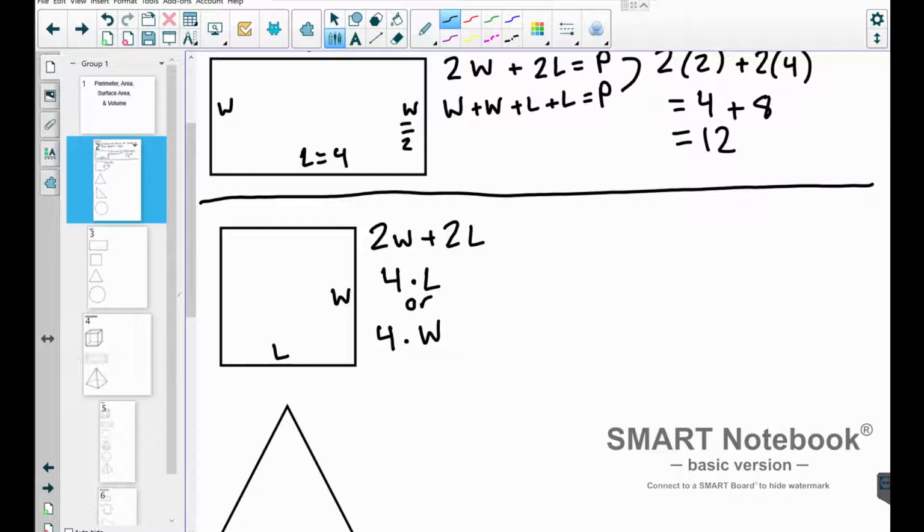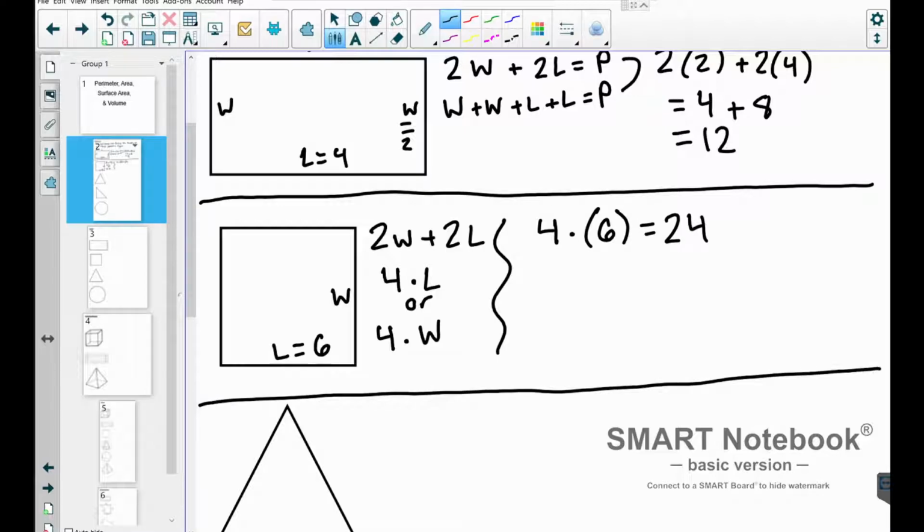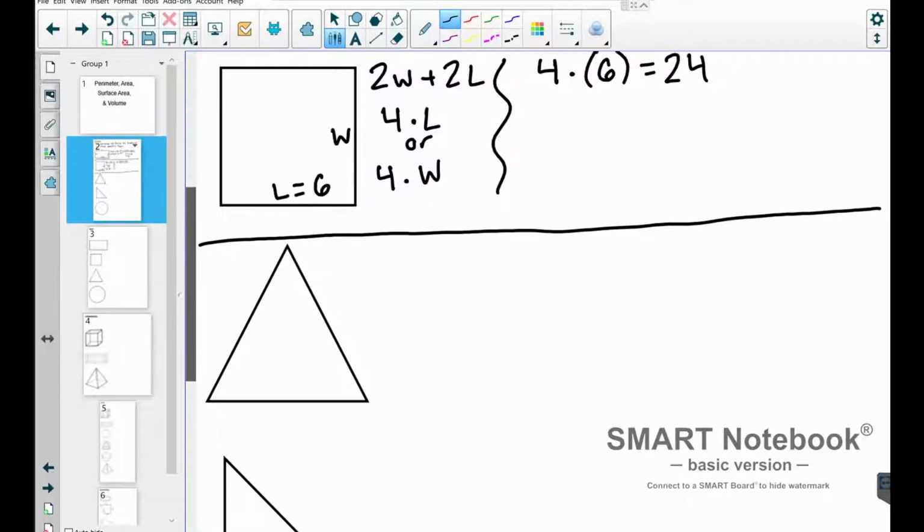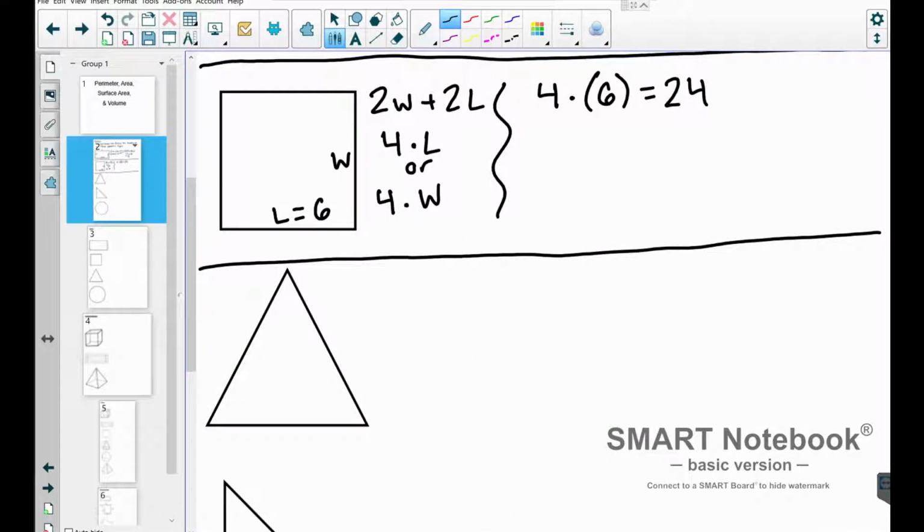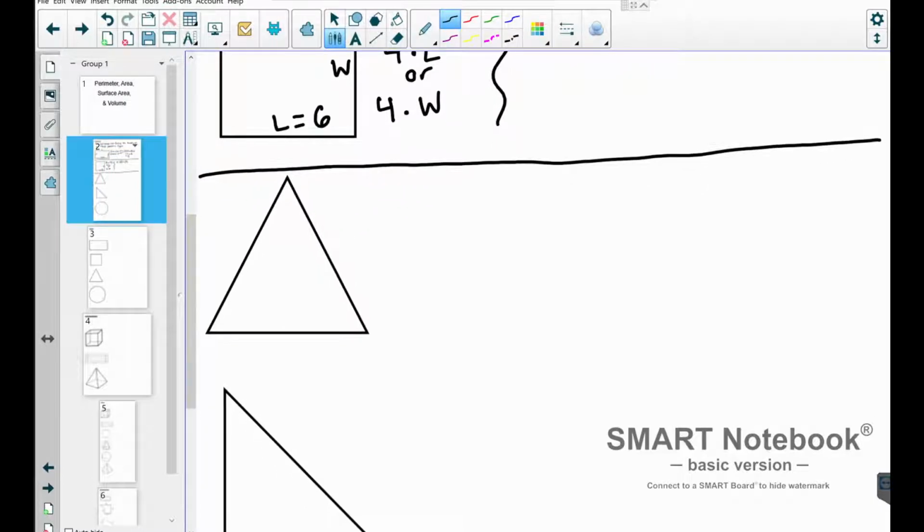And that's going to give you the same thing because your width and your length are going to be the same. So let's say your length is 6. Then we can say, well, if the length is 6, I know my width and length are both going to be 6, so I can just say 4 times one or the other, both equal to 6, will give us our answer of 24. So with a square, remember, all sides equal the same thing, so you just take whatever your length is of one side and multiply it by 4.